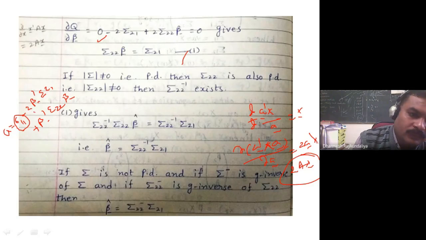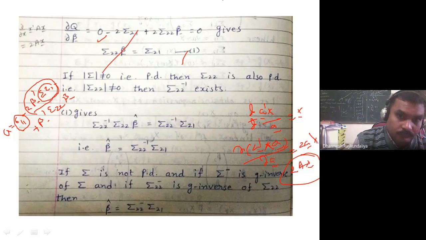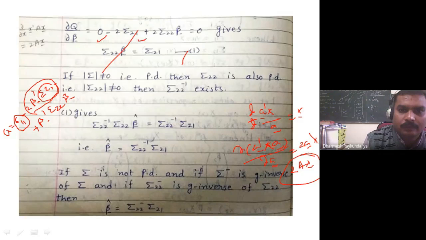Now if you are taking this, what happens? As I say, if it is A transpose X, then you will get X, but here 2 is there, so you will get 2X. So here it is minus 2 sigma 2 1.